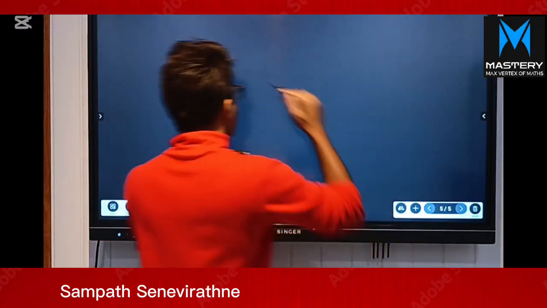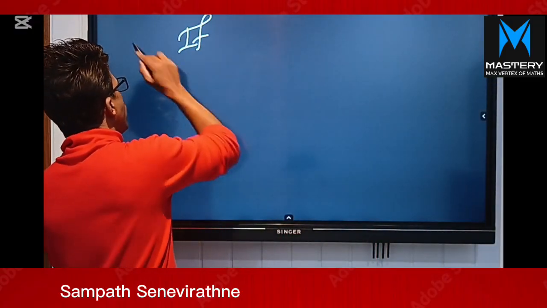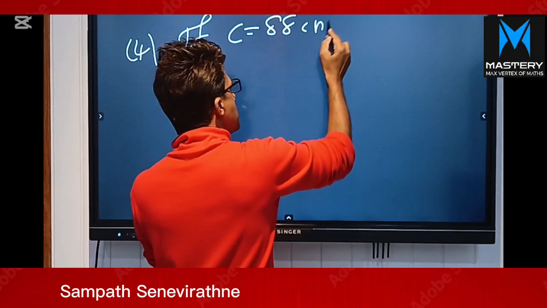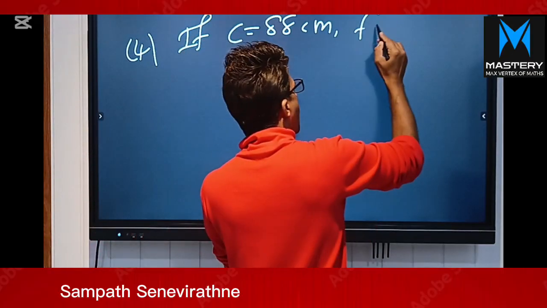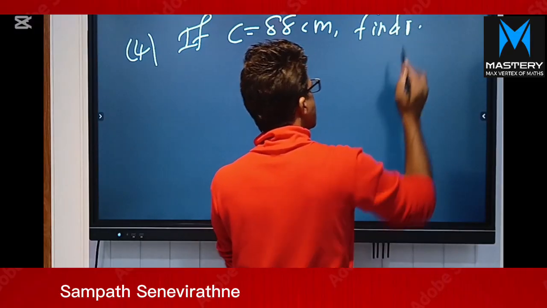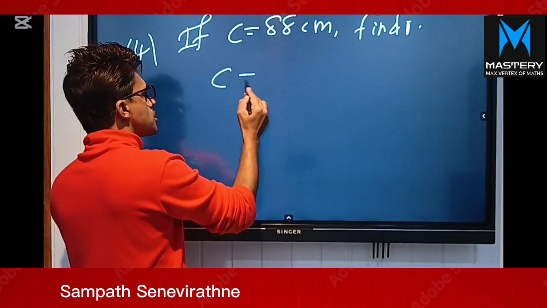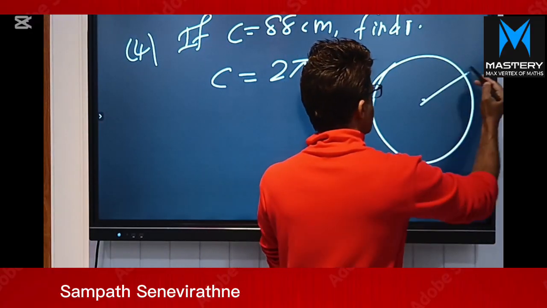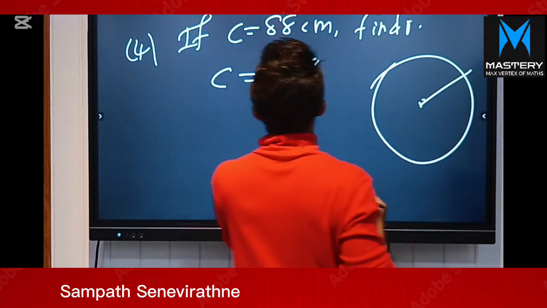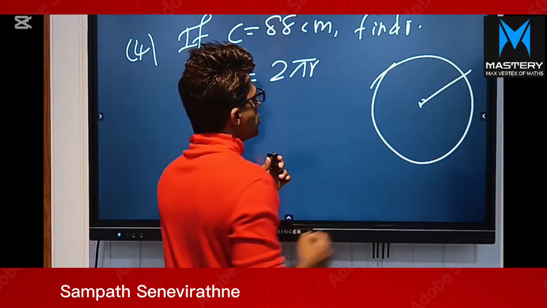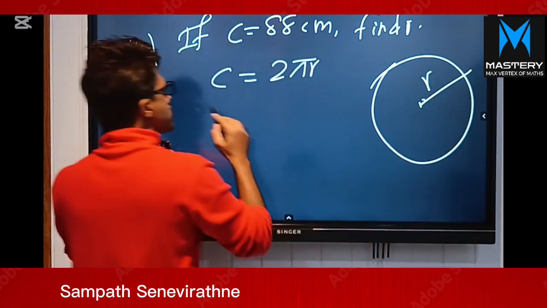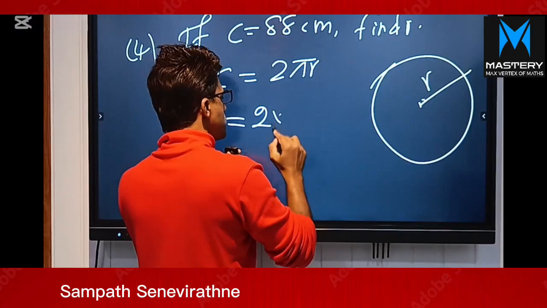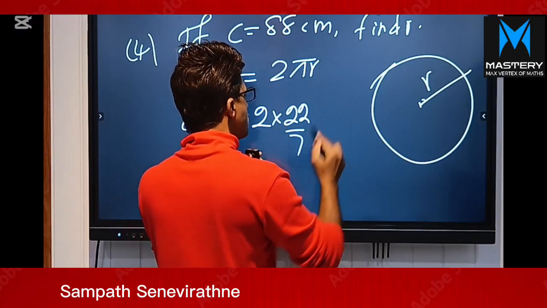Next, this is the fourth question: if C equals 88 cm, find r of this circle. C equals 2πr. The circumference is given as 88. Find r. π equals 22 over 7.